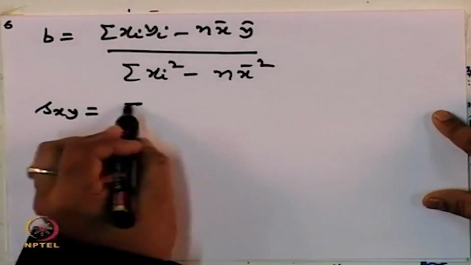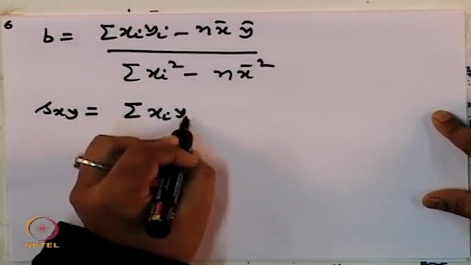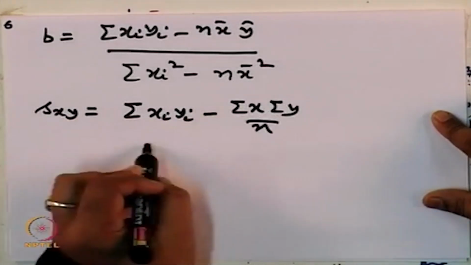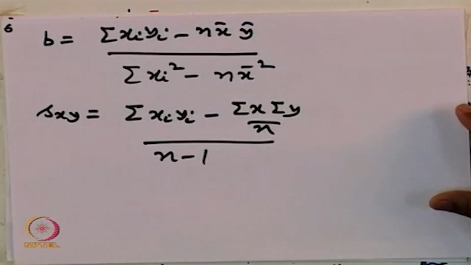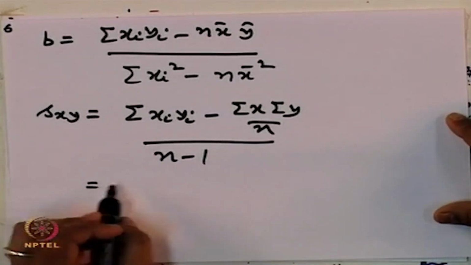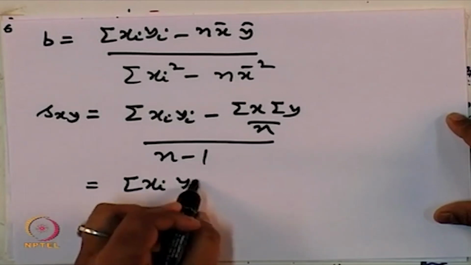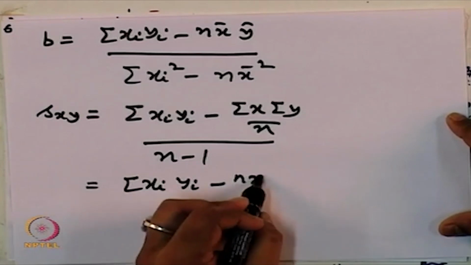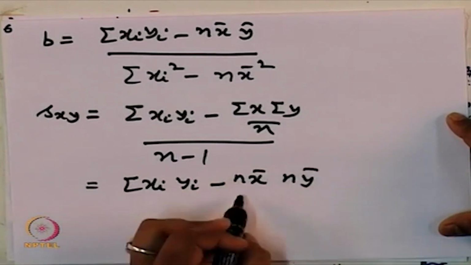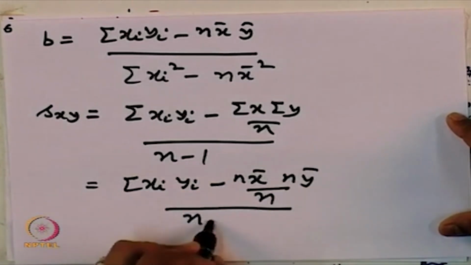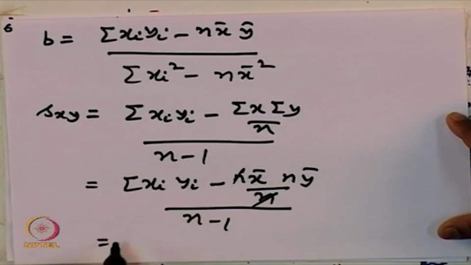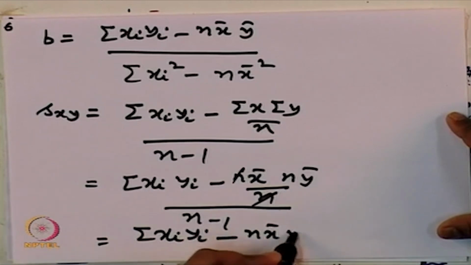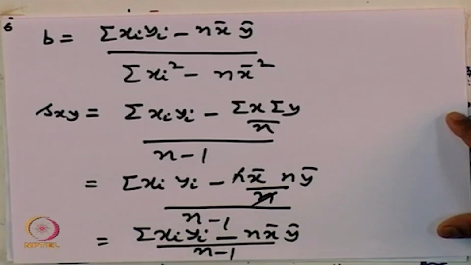S x y is equal to summation xi yi minus summation x summation y by n, whole divided by n minus 1. I can rewrite this: summation x as n x bar, summation y as n y bar, and the n cancels out. So, I simply get summation xi yi minus n x bar y bar, whole divided by n minus 1.